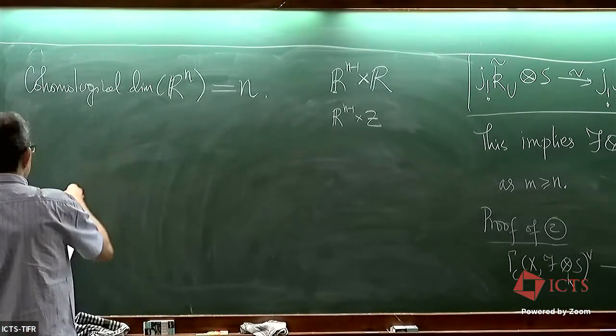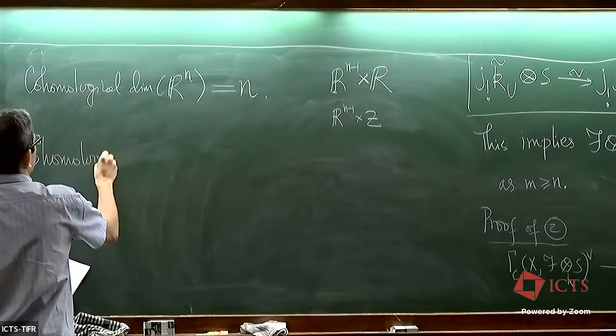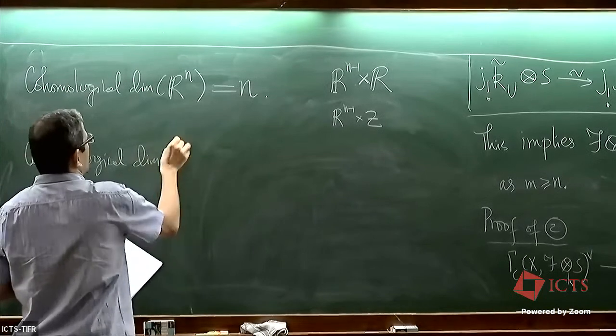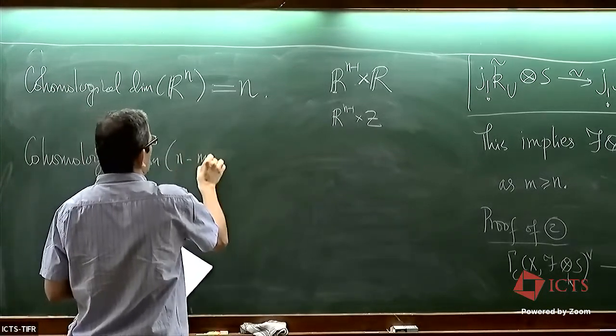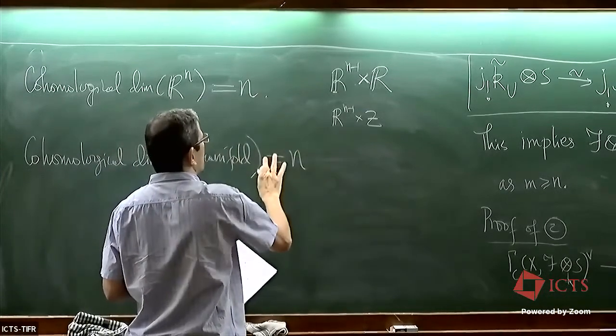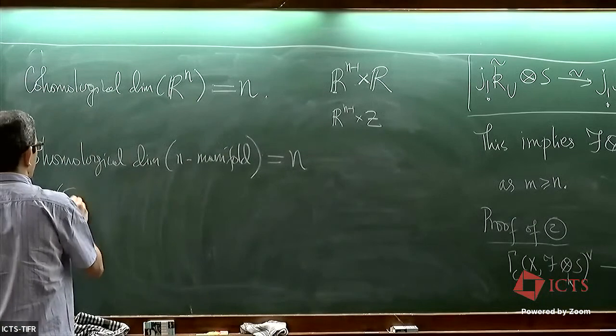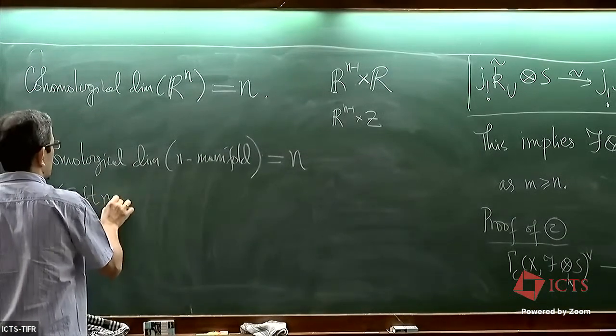And once we have this, then homological dimension of an n-manifold is also n. And this is proved by arguing that softness can be checked locally.